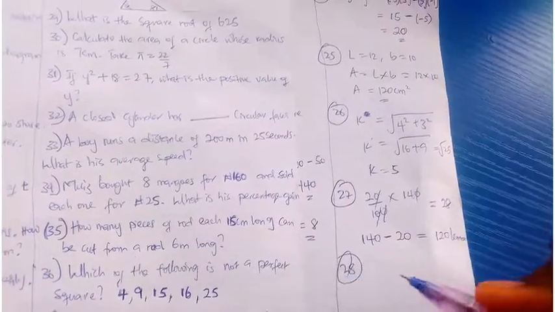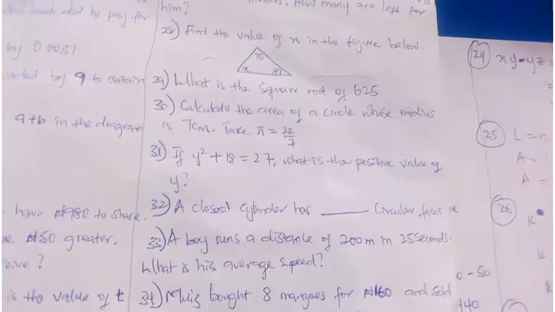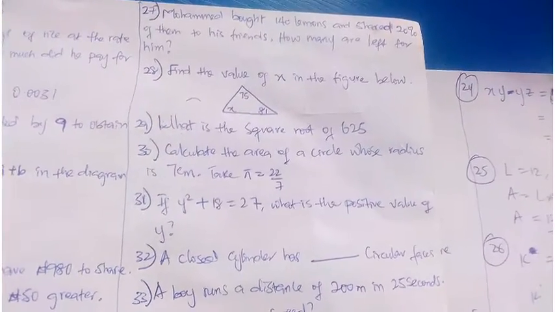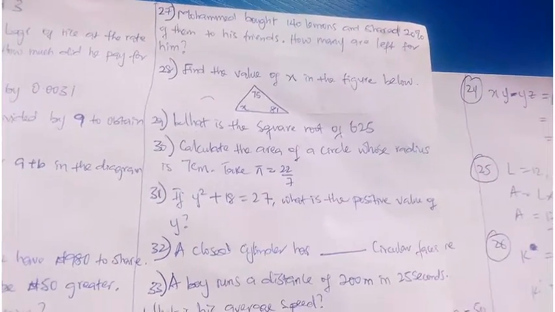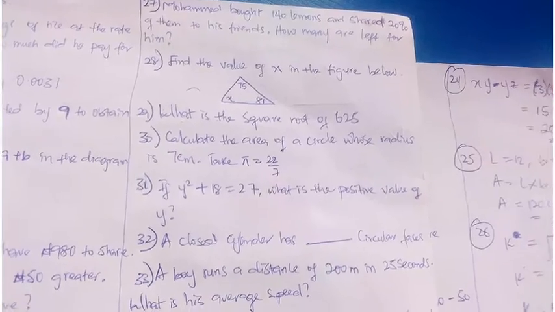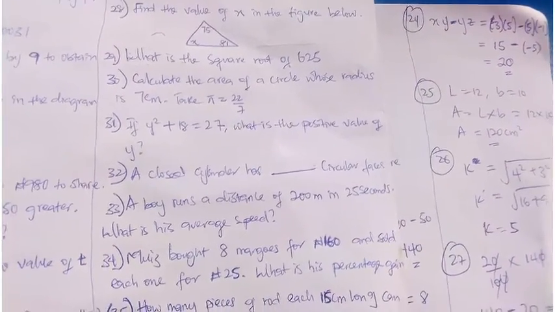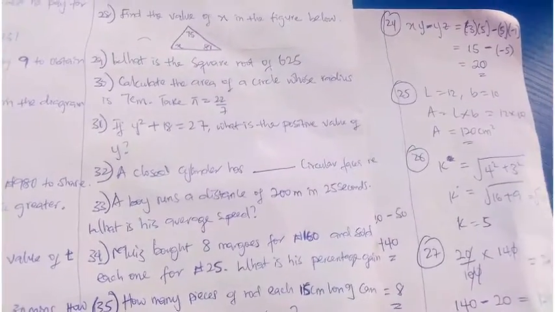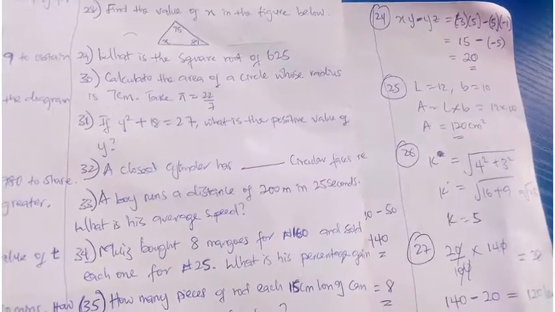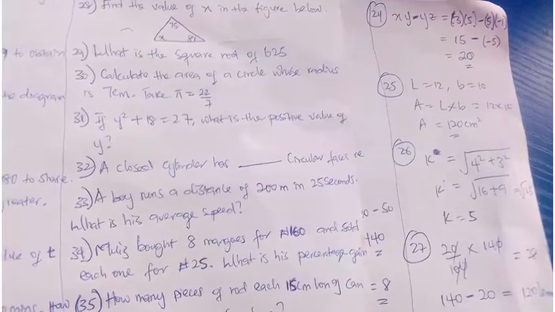As simple as that. Question 28 says: find the value of x in the figure below. We have x, 75 and 81. That's a triangle. The total angle in a triangle is 180, so x plus 75 plus 81 equals 180 degrees.